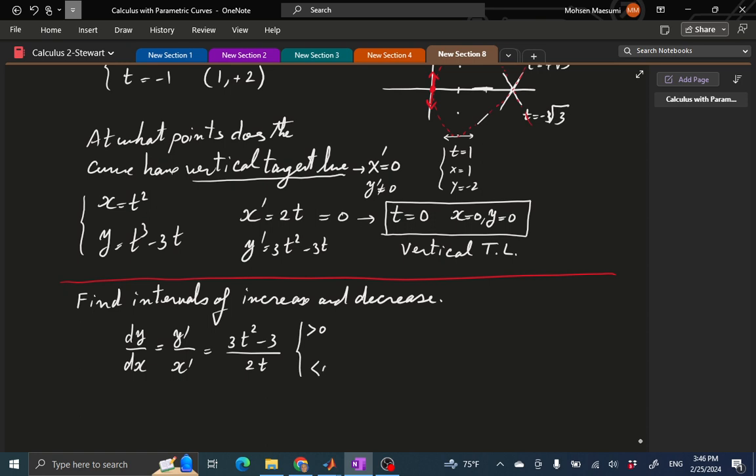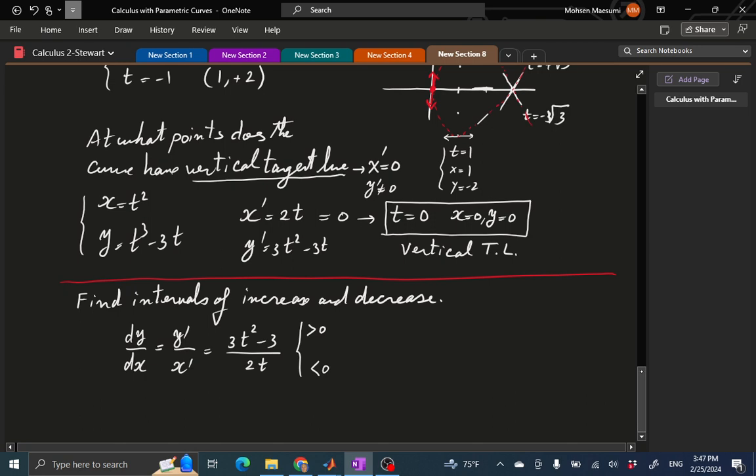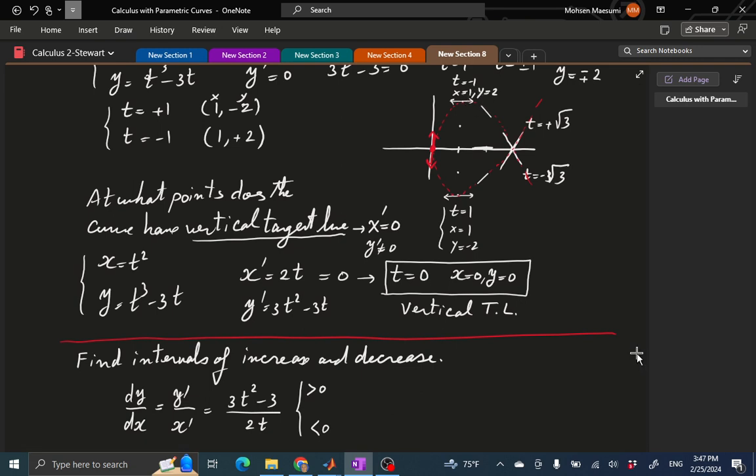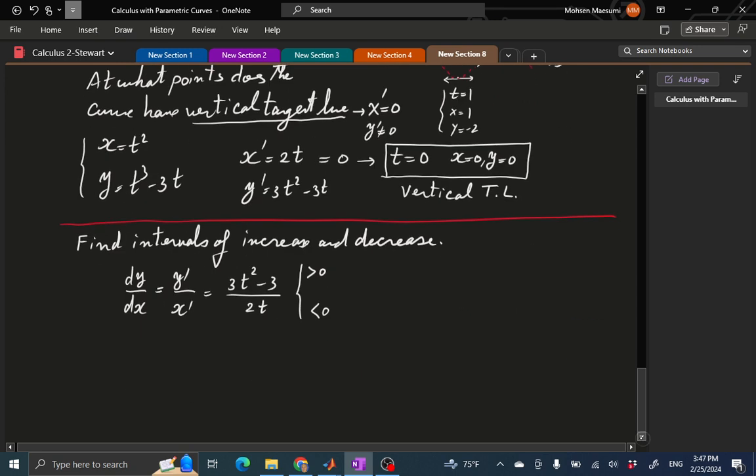If this quantity is negative, y decreases when x increases. It is with respect to that local neighborhood that we're making this statement with respect to a particular value of t. At any given t, we are on a specific point of this curve, and within the vicinity of that point, we are making this statement, not with respect to x.